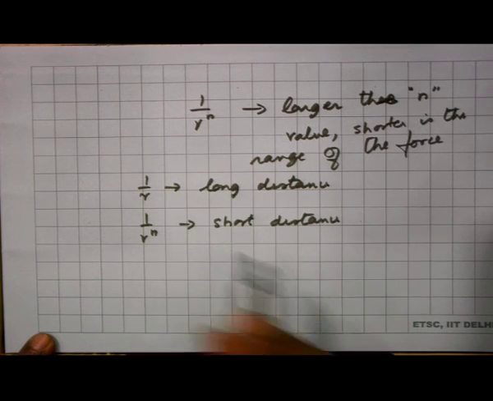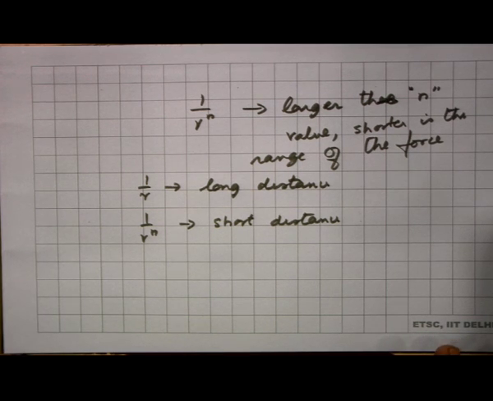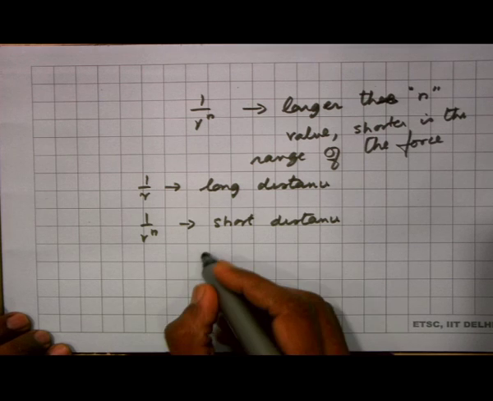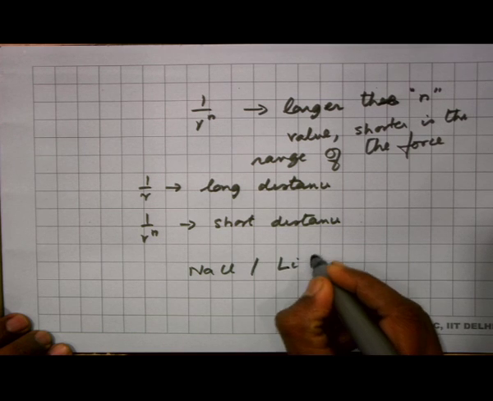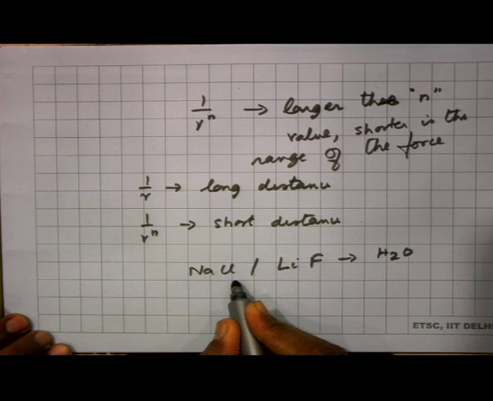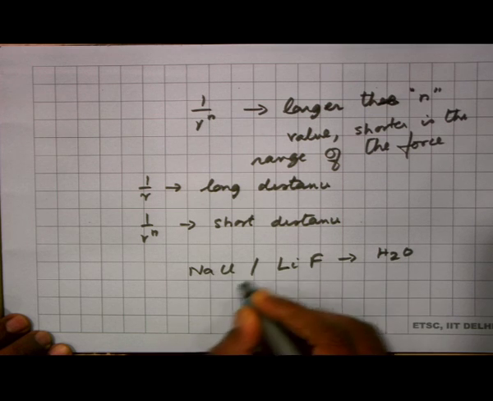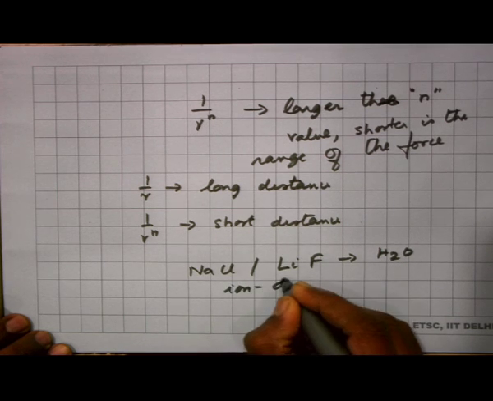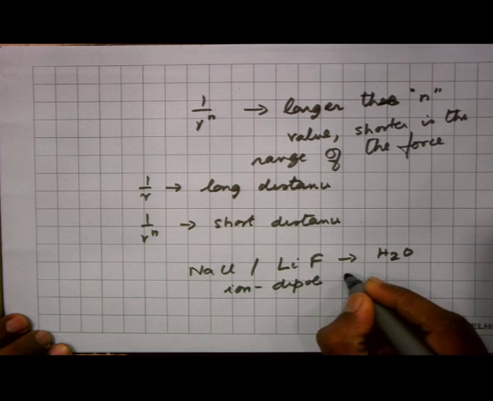So, this is a difference in how the 1 over r square term behaves differently from the 1 over r term. And any time you have something like sodium chloride or lithium fluoride and you put it into water, this dissociates into ions, and if the solvent has a dipole, you are going to have ion dipole forces which come into play.